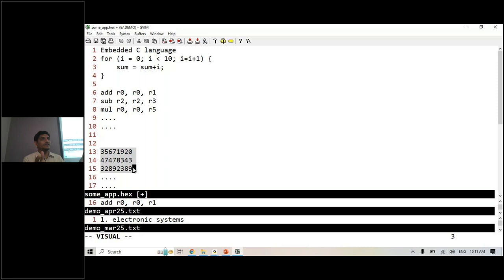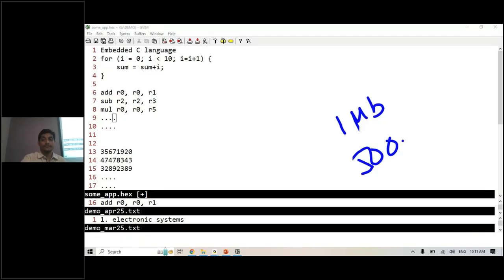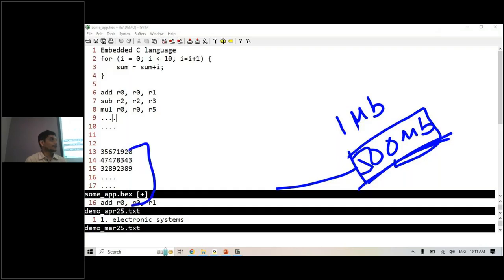Bigger the application, you will need more such things, right? Bigger will be the image file. Whatever you download, sometimes the files will be 1 MB only, sometimes files could be 500 MB also. So 500 MB file means what? More such instructions will be present. The more the number of things, the more will be the size, right?